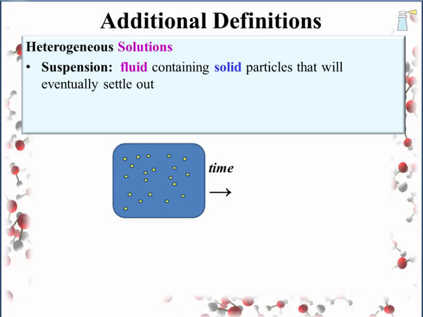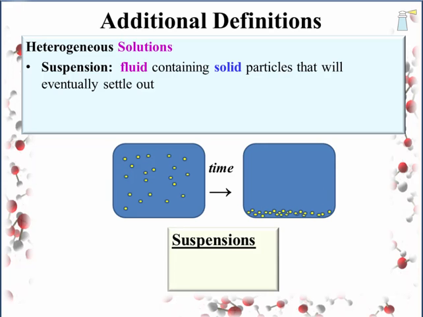After some period of time, if undisturbed, the particles will settle or sink to the bottom of the solution. The particles are not considered dissolved in the solution, but rather mixed in. Common suspensions include sand in water and dust in the air. Given sufficient time, both types of particles will settle out of the solution. Yes, they can be redistributed in the solution with some agitation.